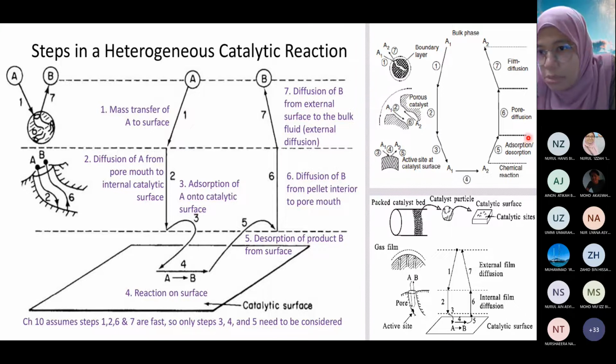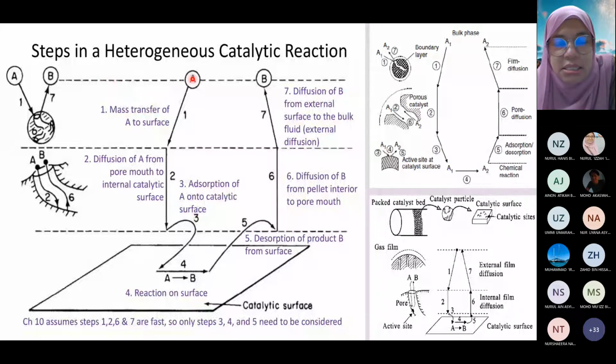So gambar yang ni sebenarnya represent this one. Okay, sama je. Semua gambar ni sama je dengan yang ni. So this is the step. How the reactant attached to ataupun absorb on the surface of catalyst. So this is the external surface.